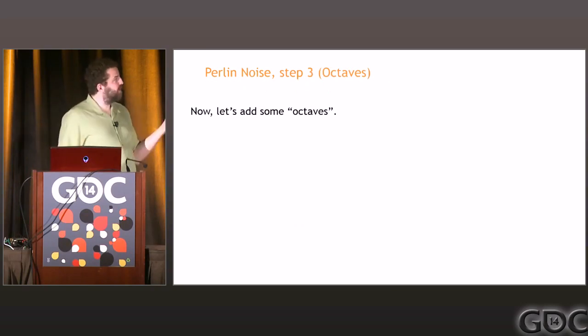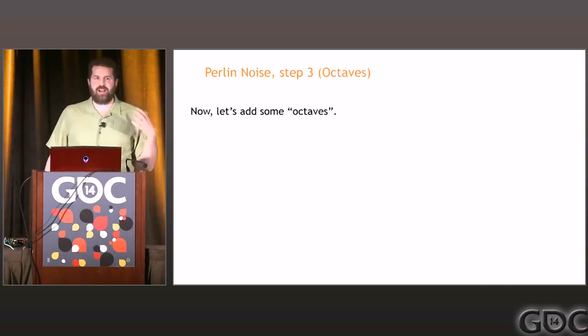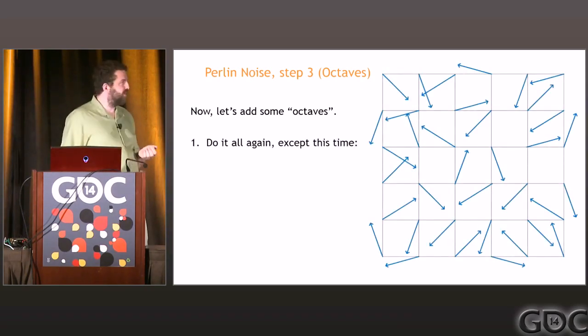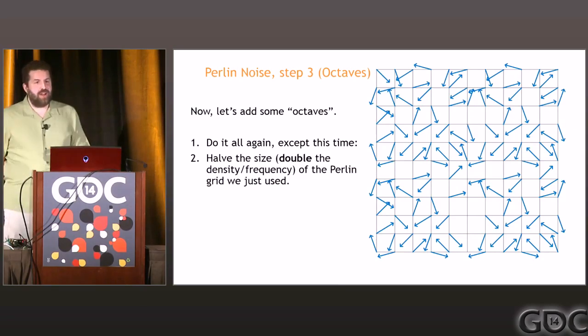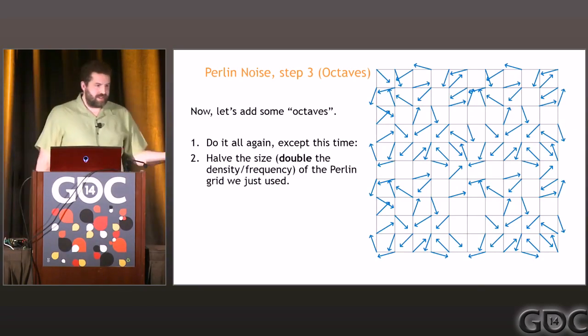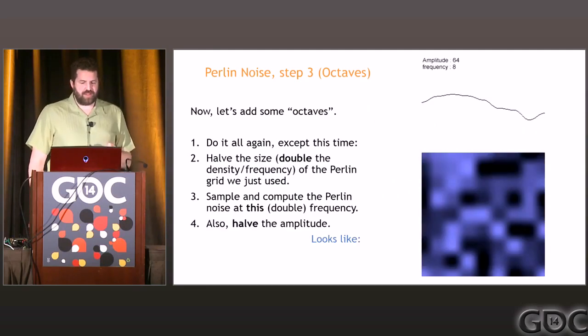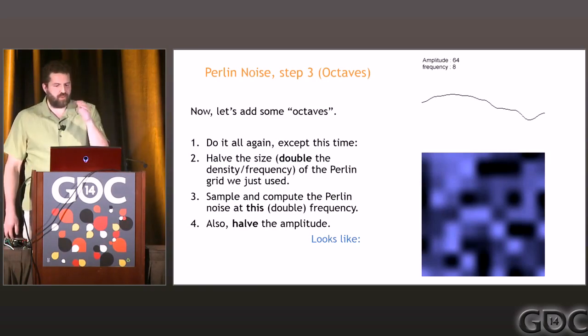So then the last component here of Perlin noise is octaves. So we do the same process again, except we do it now again with a grid that's twice as dense, and we compute that. And we have the values, so they're not quite as intense. And it looks like something like this in 1D and 2D.